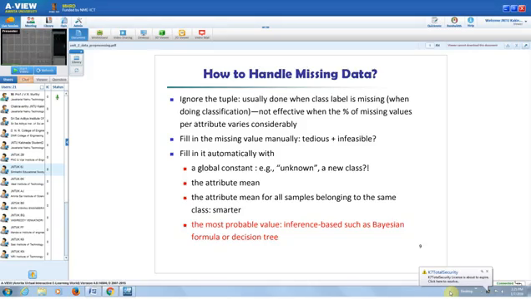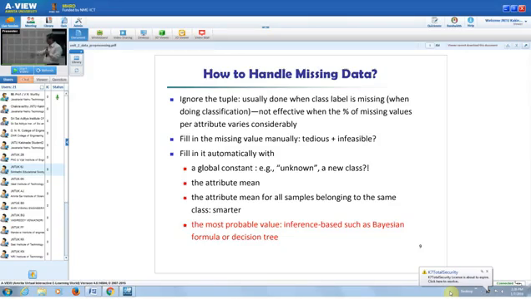Then, fill in the missing values manually. That means you call the people and check the value: what is the value in this row you have sent? It is manual filling, which is tedious and expensive, right? Infeasible also sometimes.